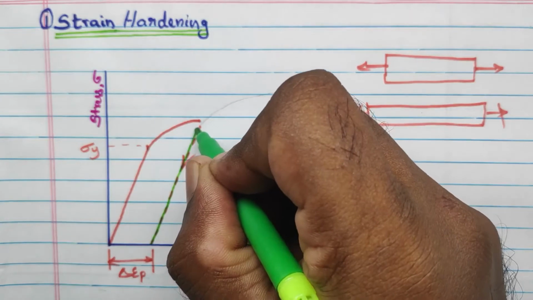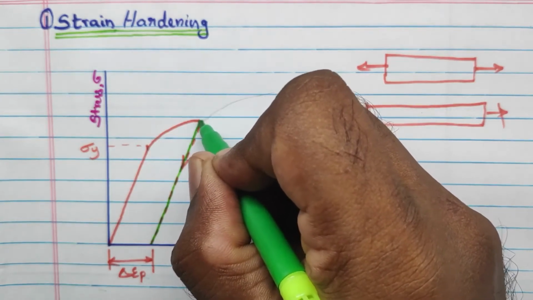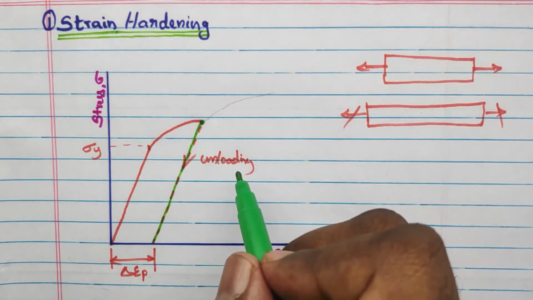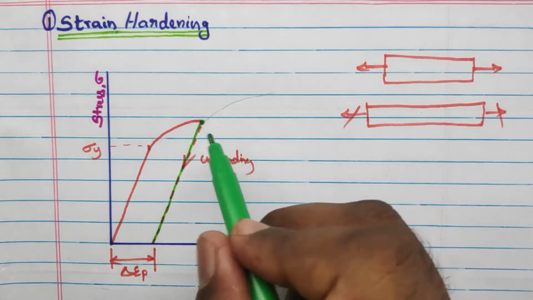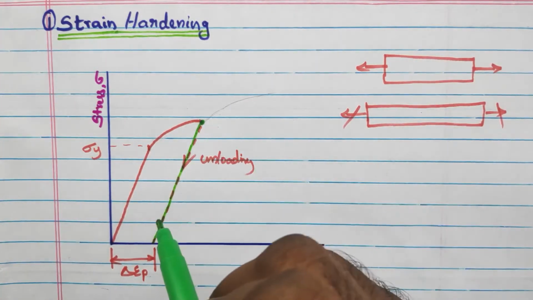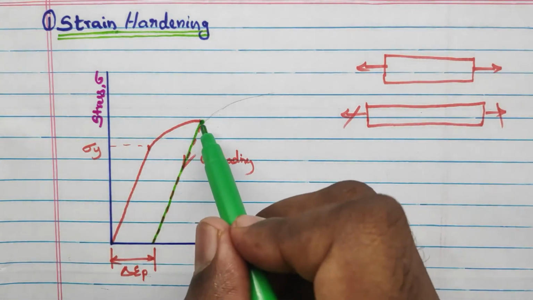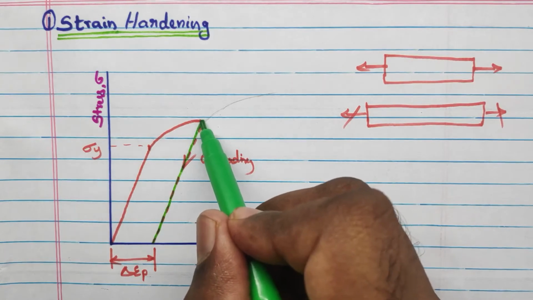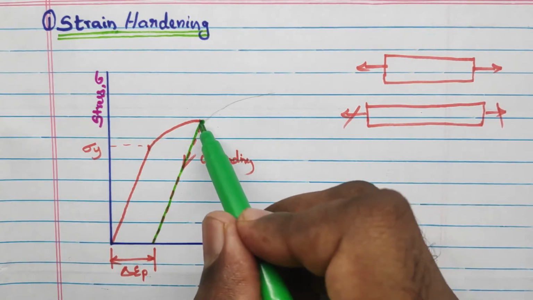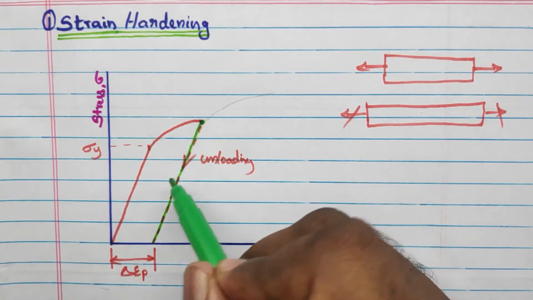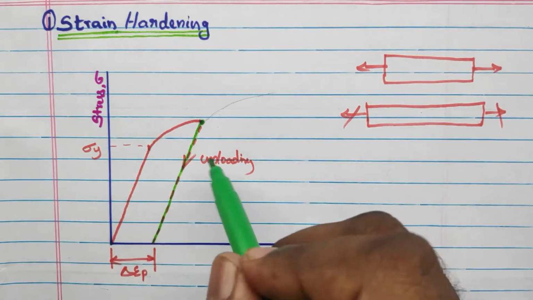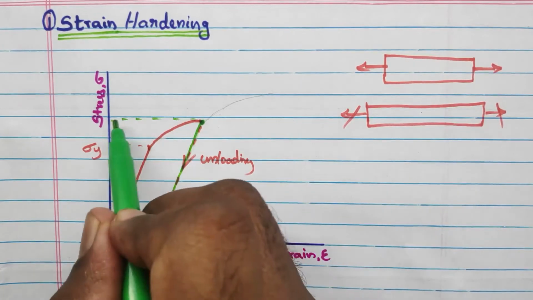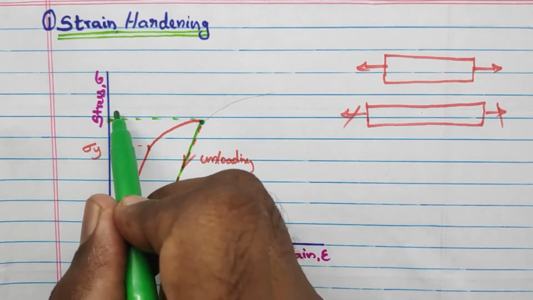Here you can see the yield stress is increasing to the level where the plastic deformation stopped. Where we stopped the unloading, up to that particular point the yield stress increases. So here is the yield point when we are conducting the retest.